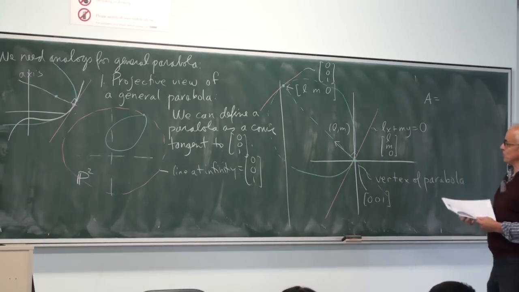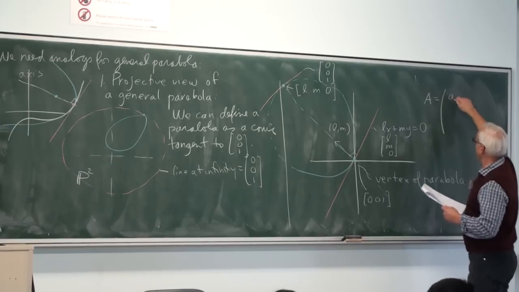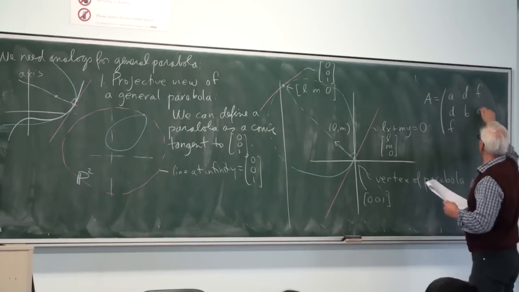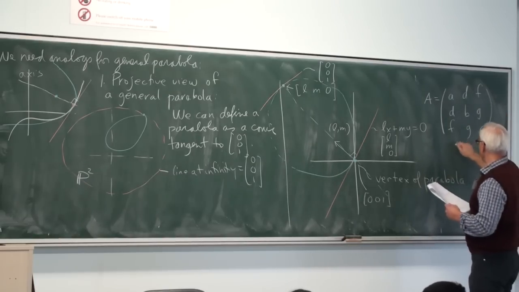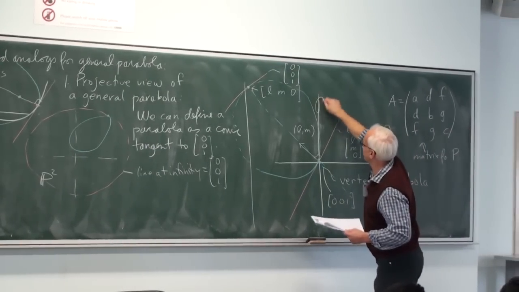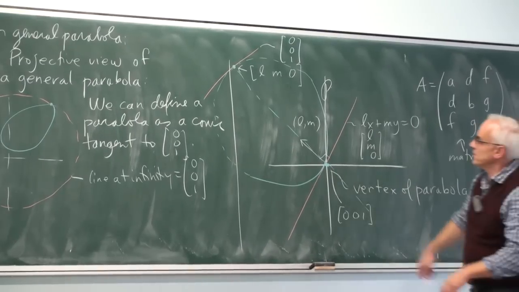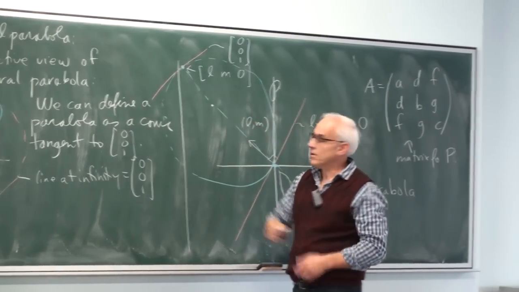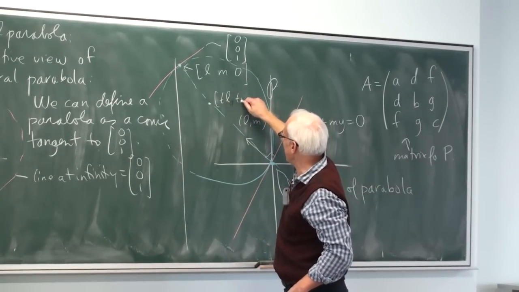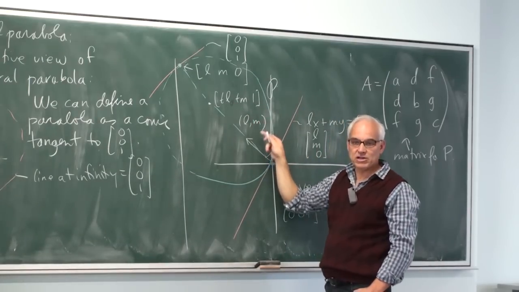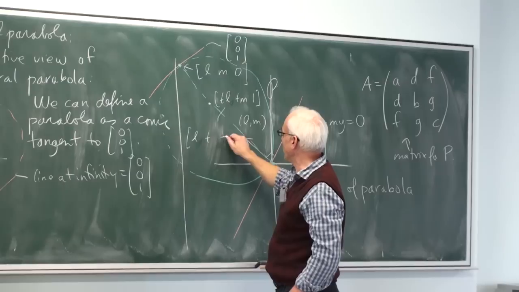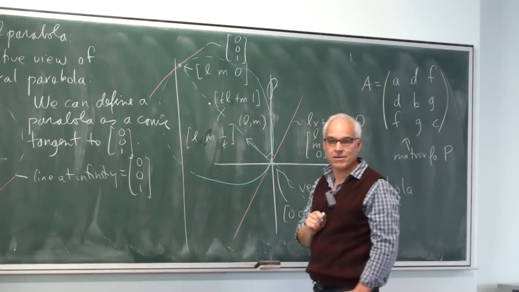And the line at infinity, we know, is our line (0, 0, 1). The other thing that's involved in the description of the conic is the actual matrix for it, and we'll let that be A, D, F; D, B, G; F, G, C. So that's the matrix for our parabola P. Another way to think about it is if you choose a point that's far out here, it would be (TL, TM, 1), if I multiply by a big number T. And this is the same as (L, M, 1/T).